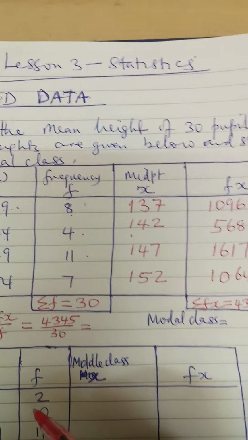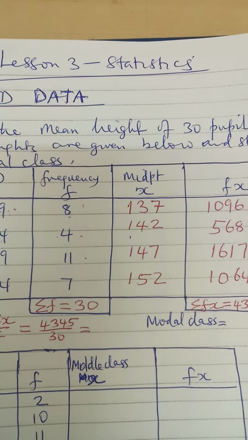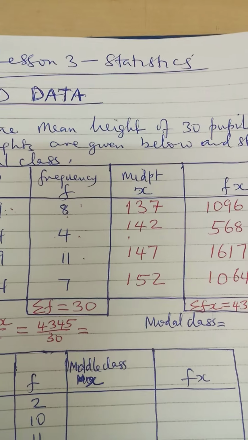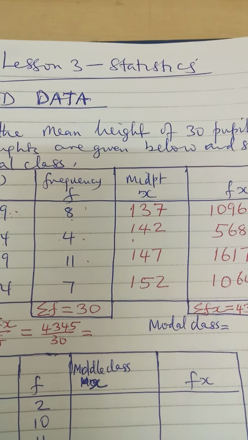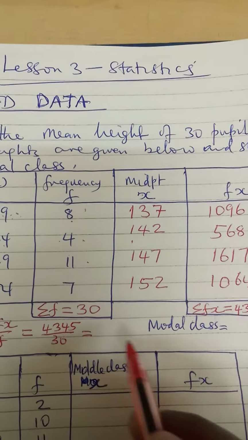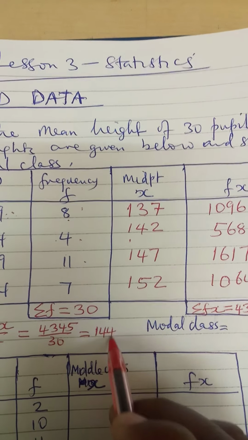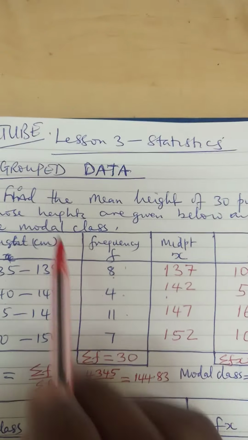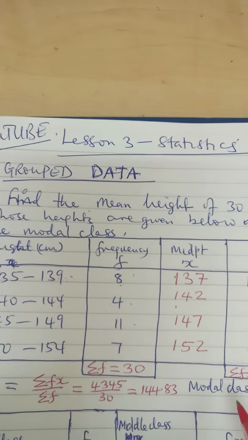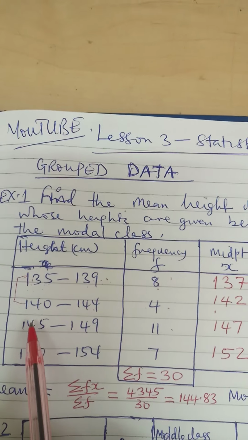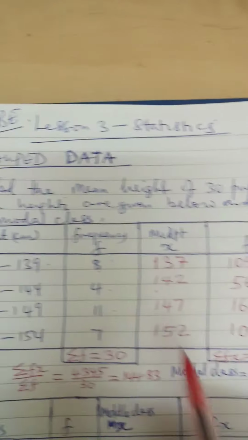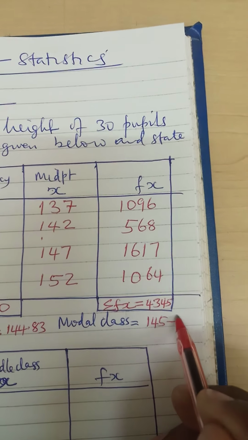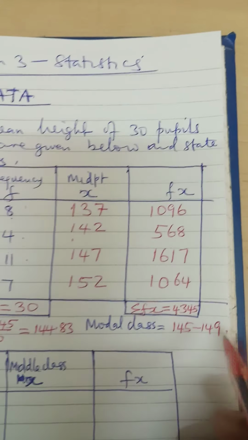You'll use your calculator to give us the answer. 4345 divided by 30, and this will give us approximately 144.83. The question is asking us to state the model class. The model class is basically the class with the highest frequency, and in this case it is 145 to 149.